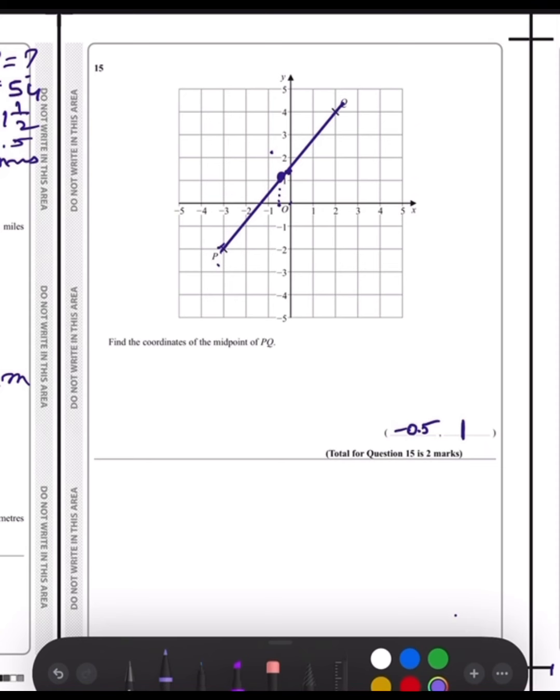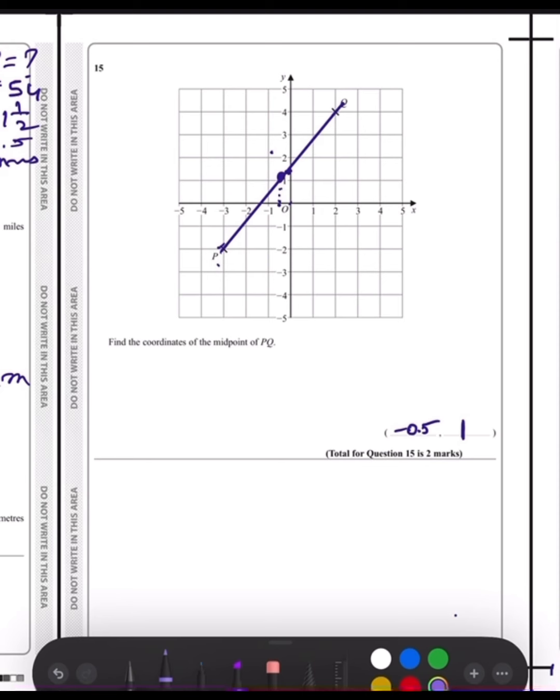We know this is in the middle of Q and P. We mark this middle point. Now we see what point it is connected to, at what number it is landing on the x line and on the y line, which is basically your answer, your x and y coordinates. So we need to see the coordinates we're on.